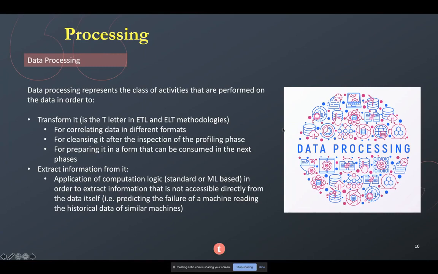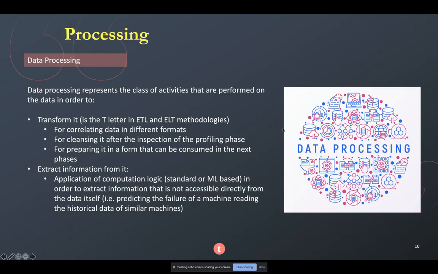One is the transformation, because imagine that you have different sources with different formats, and you want to correlate the data with each other. You probably need to transform them, so you need to modify them in order to reach one single format, or more formats, that can be compared or correlated with each other.